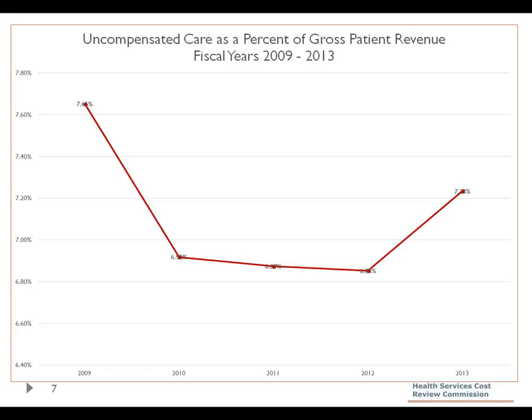What I was suggesting is that the drop from 2009 to 10 was not necessarily a drop in uncompensated care as much as an anticipated drop that we built into the rate structure, and that's what I was trying to tease out.